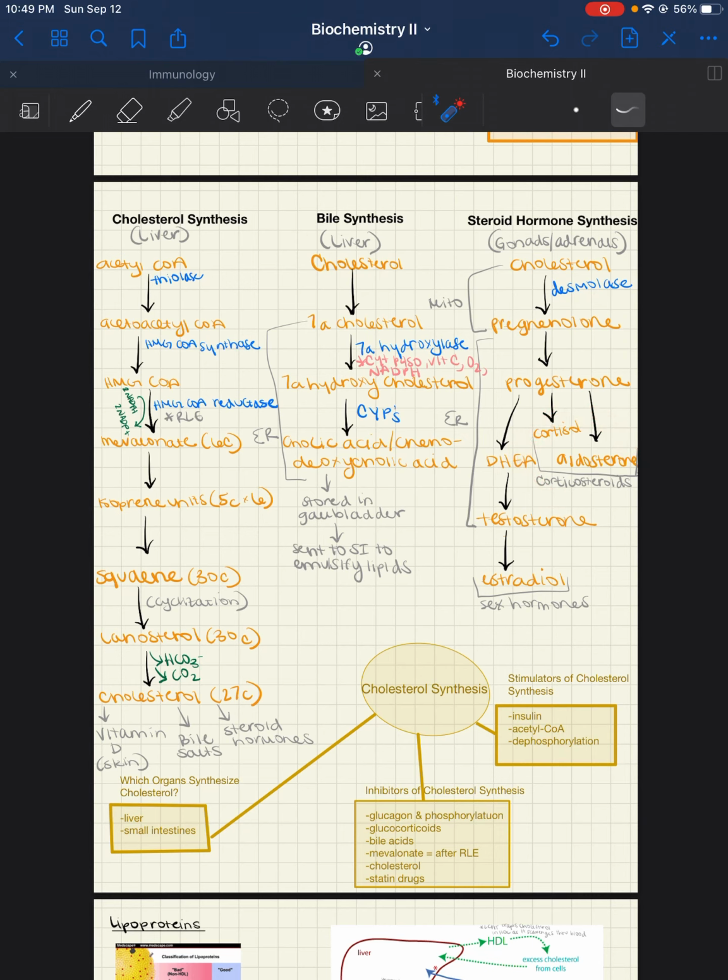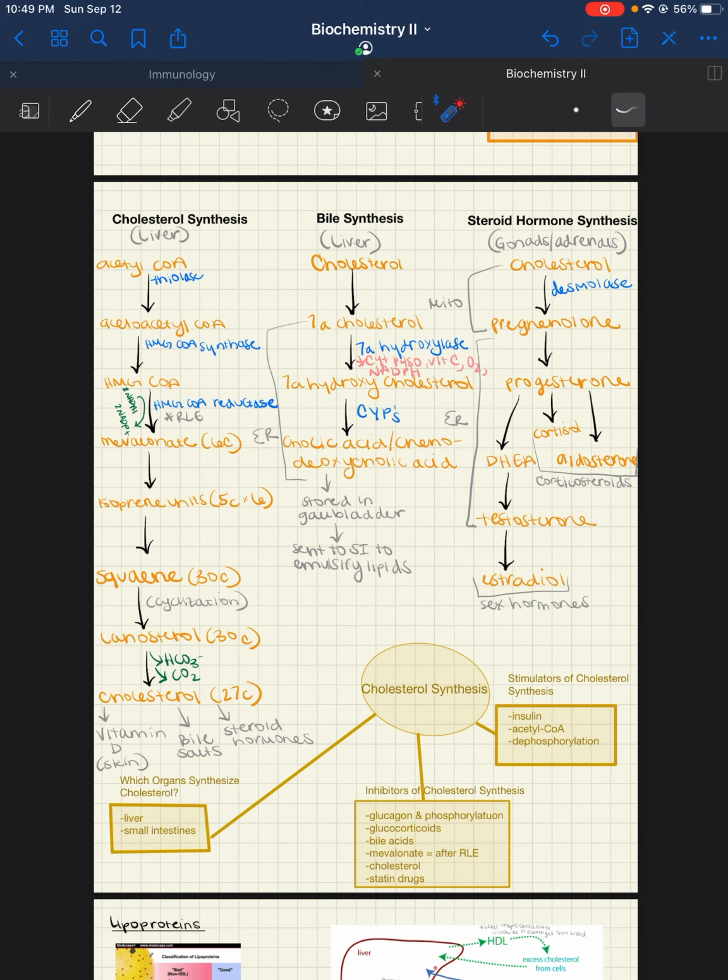Cortisol and aldosterone are known as corticosteroids. DHEA is a precursor of testosterone, and testosterone turns into estradiol. So these are sex steroid hormones.